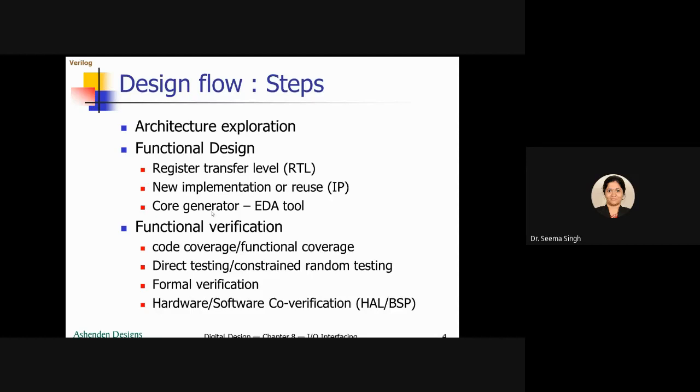And once we do that, later the functional verification part comes. So in functional design, you have to understand that it is at register transfer level of each component. You people have done Verilog programming, you know that. So we have to see each component at register transfer level.